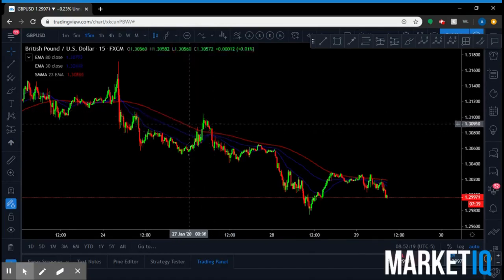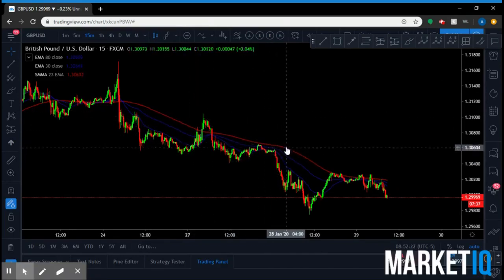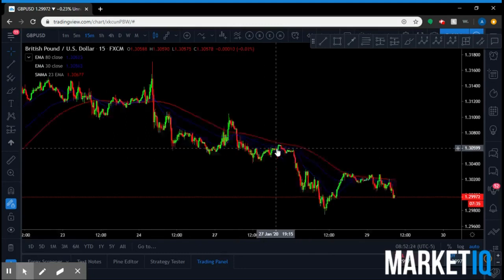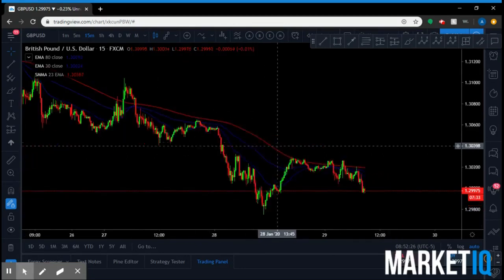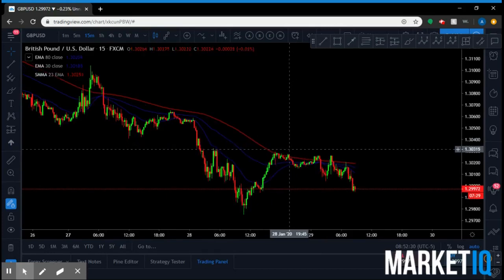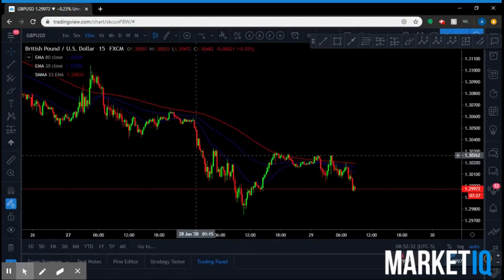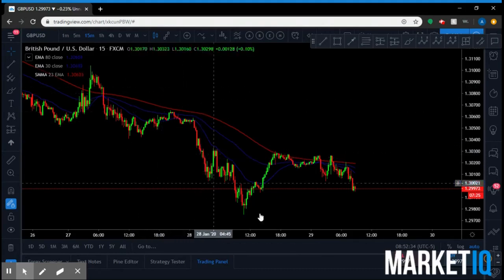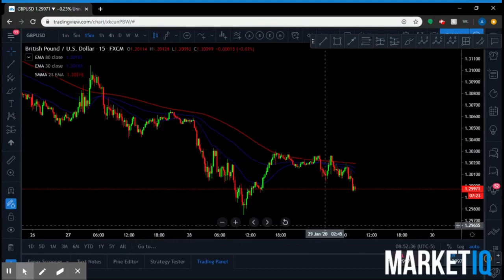So when it moves into the area of these moving averages, we know that a correction is taking place, or, I'm sorry, a continuation is about to take place. You're in the correction and a continuation is about to take place.